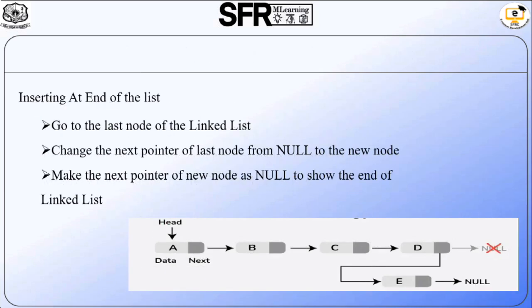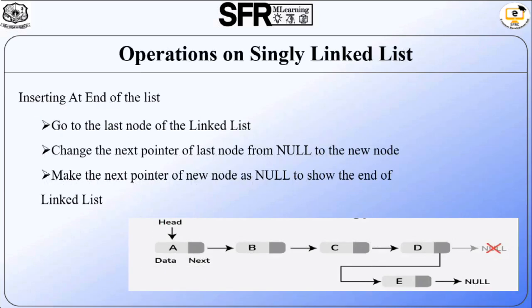The next one is inserting at the end of the list. We know the last node contains the null value. Now I can add the element at the last part. Go to the last node of the linked list. In the previous example, A, B, C, D, I have 4 elements and I want to add an element at the end.